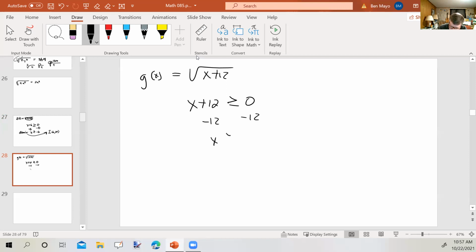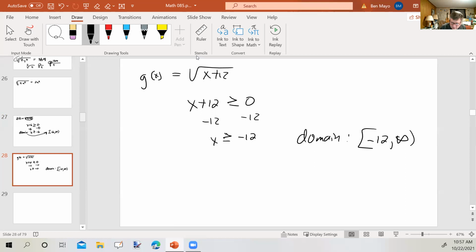Subtract 12 from both sides, we get x greater than or equal to -12. But let's write that in interval notation. It goes including -12 on up to infinity, bracket around -12 showing we're including it, parentheses around infinity because that is just an idea of going on forever, kind of like my lectures do sometimes.